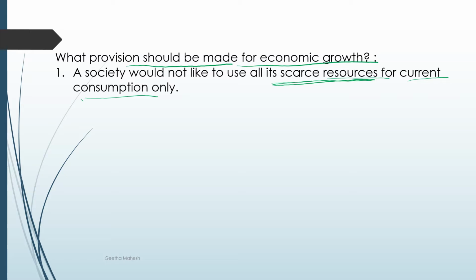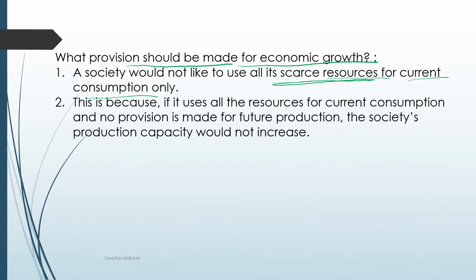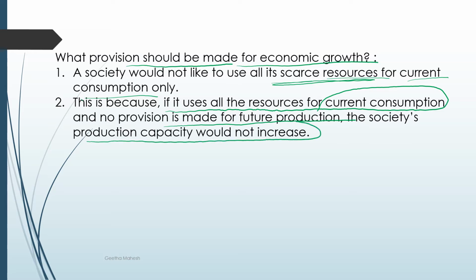So society would not like to use all its scarce resources for current consumption only, because if it uses all its resources for current consumption, what about the provision for future production? The society's production capacity would not increase in the future.